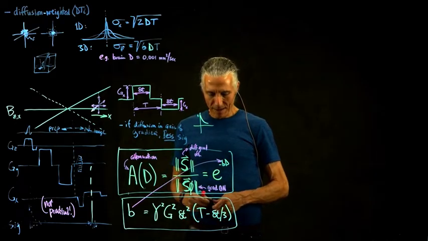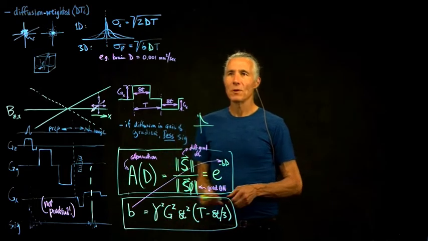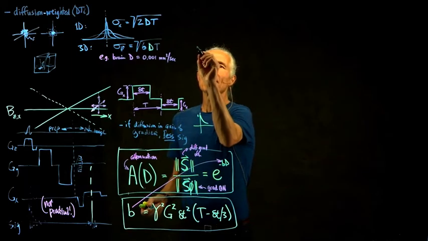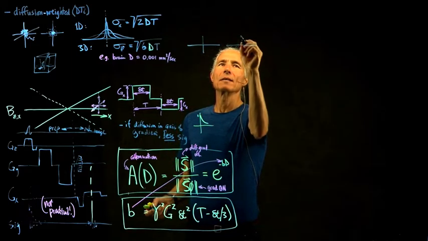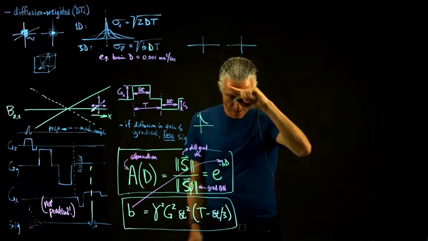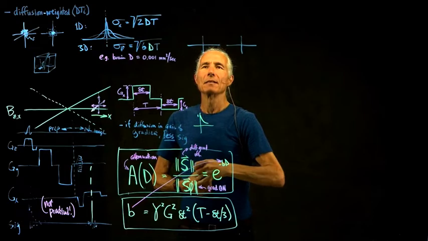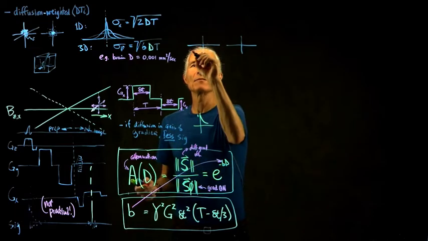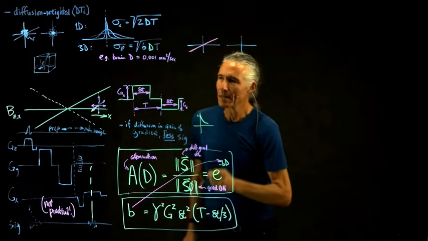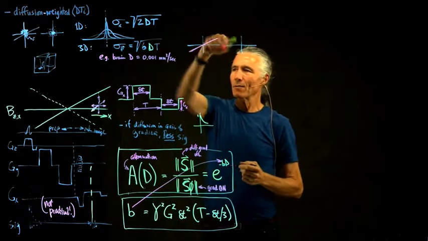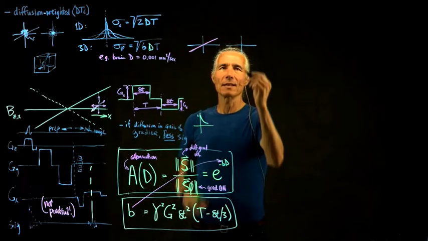But now we've got the problem of all the different directions. Let's just consider a case. Here's the XY axis. Say there's a lot of diffusion in this direction. We can't tell which way it was going, whether it was going that way or that way. We just know that along that axis there was a lot of diffusion.